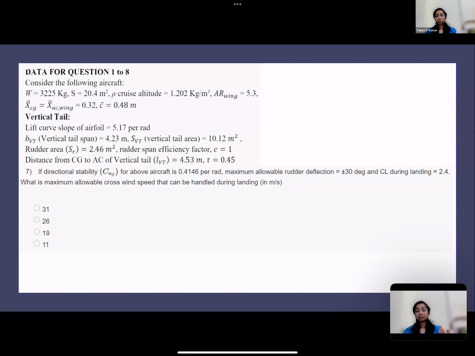Just like with the previous two questions that we saw, like moving in the south direction, we will draw the beta triangle.